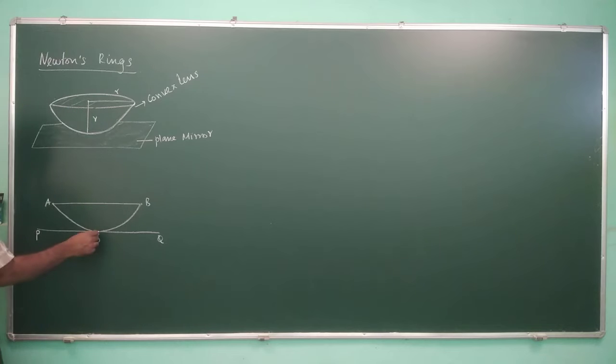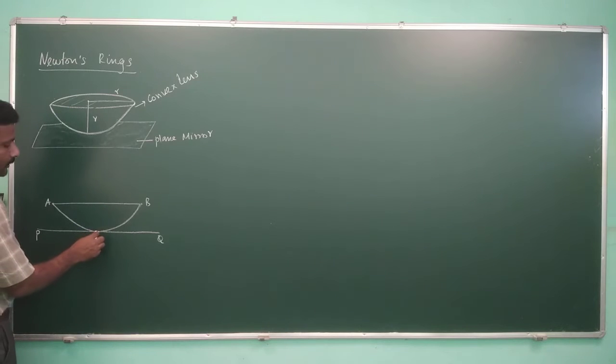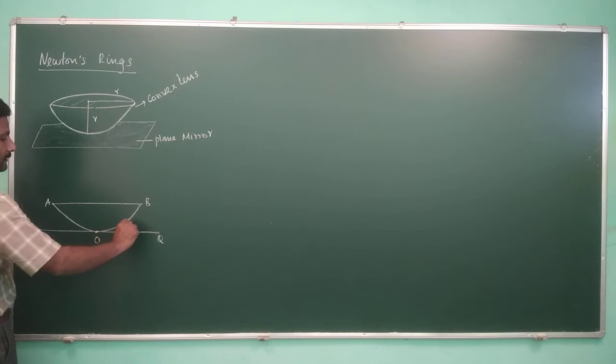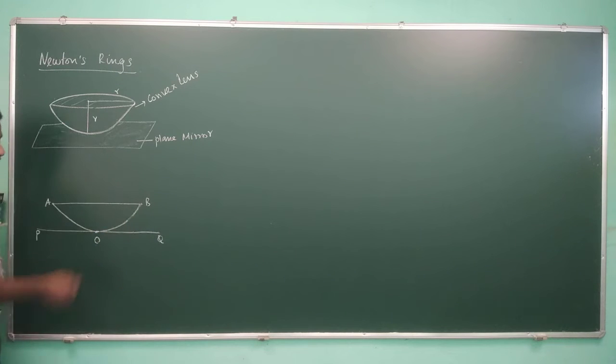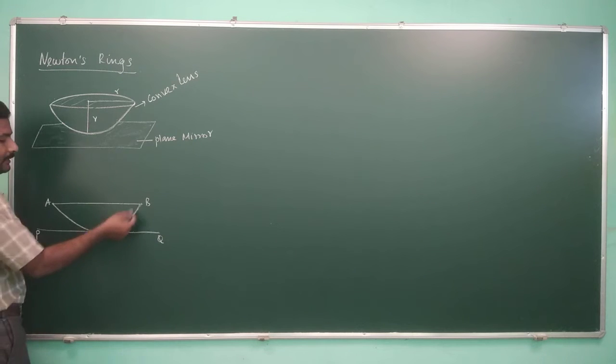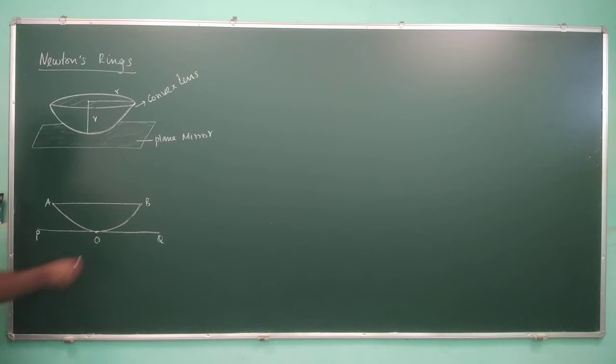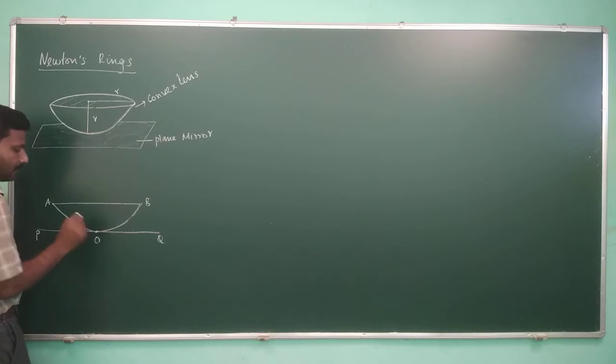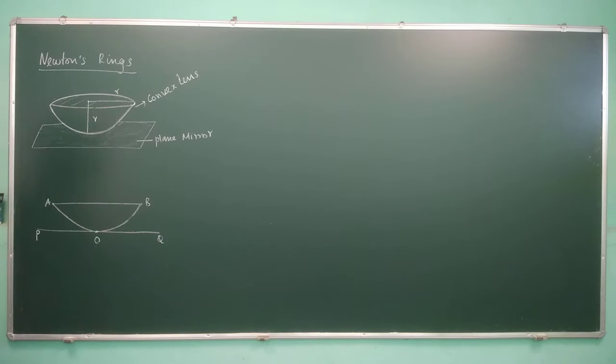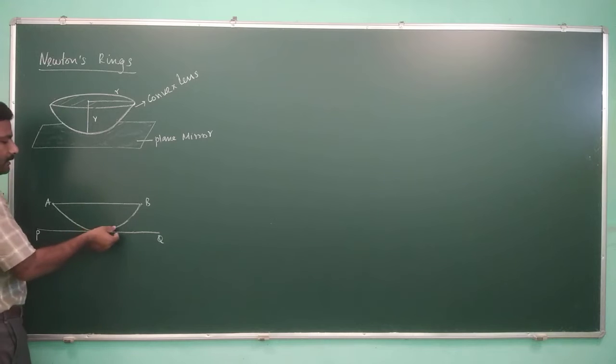So from point O, if we move forwards, it creates an air film. There is an air gap, it creates an air film. The thickness of the air film at the point where these two materials meet is 0, and it gradually increases.